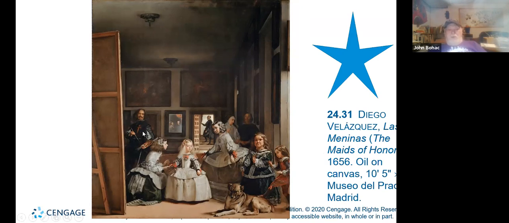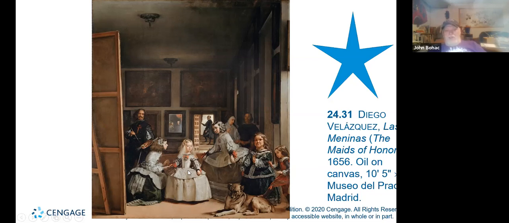Velázquez was the court painter. This is his portrait. You see he has a palette, has some extra brushes, has a brush in his hand, and here is the canvas he is painting. And so what Velázquez is doing here, he's painting in the royal palace.